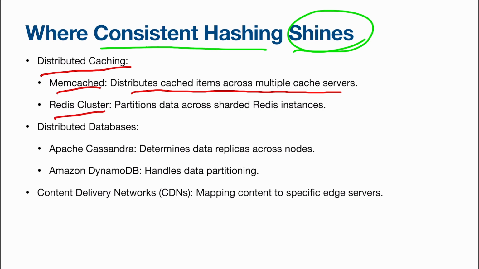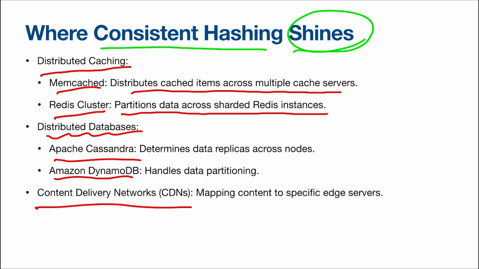Then Redis Cluster, again a similar concept, uses consistent hashing because of its advantage in redistribution of the data. Distributed databases, of course, Apache Cassandra and Amazon DynamoDB, use consistent hashing. Content delivery networks map contents to specific edge servers based on the consistent hash values. It's a very, very widely used algorithm across the whole industry.